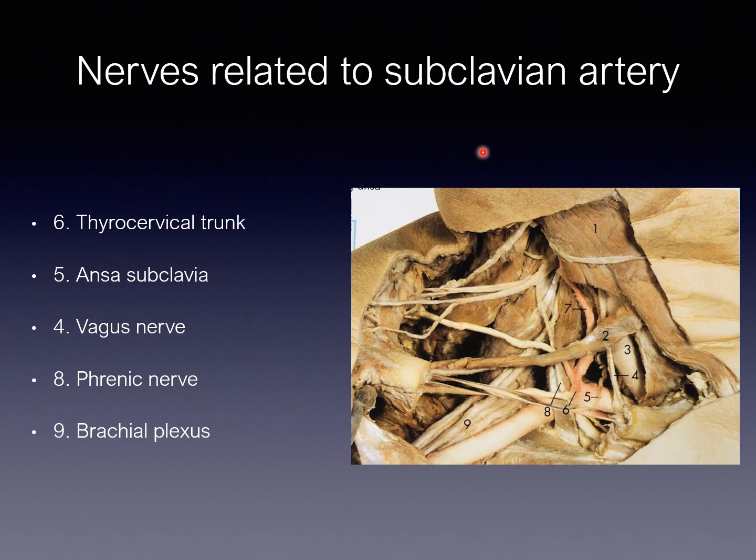And then the nerves related to the subclavian artery, look at the nerves. I want to tell you the sympathetic chain is also related to the subclavian artery. A fiber from the sympathetic chain comes and encircles number 5. This is called ansa subclavia. So a small root comes and winds around the subclavian artery. This is called ansa subclavia, right?